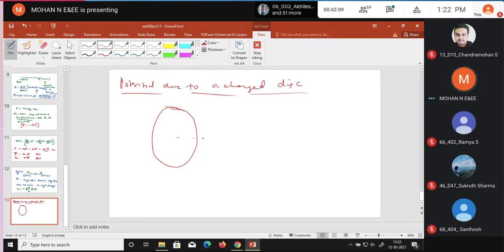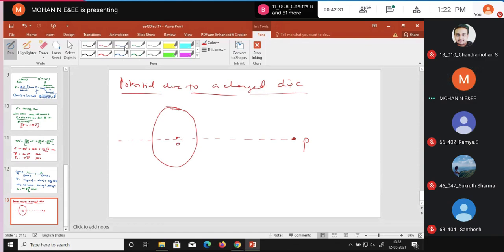We have to find the potential at this point P, which is along the axis of the disk. Somehow I need to find the potential at this point P due to this charged disk.